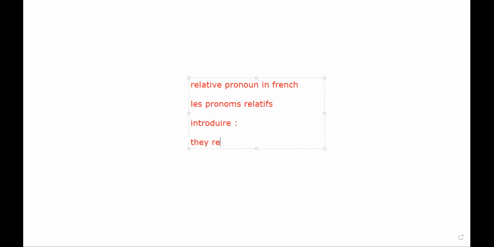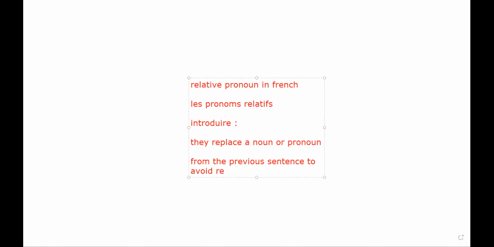They replace, very important, they replace a noun or pronoun from the previous sentence, very important, to avoid repetition. Is it clear to you?